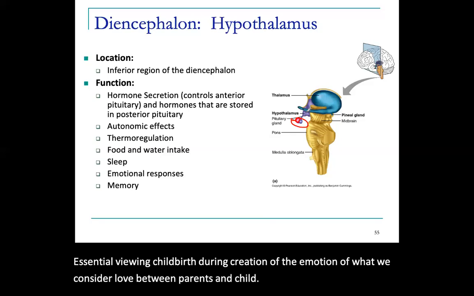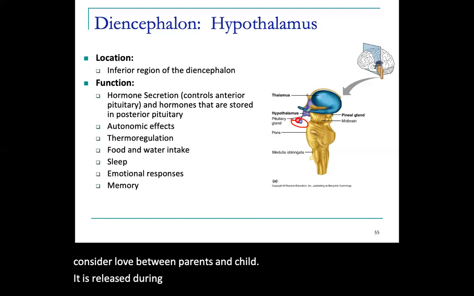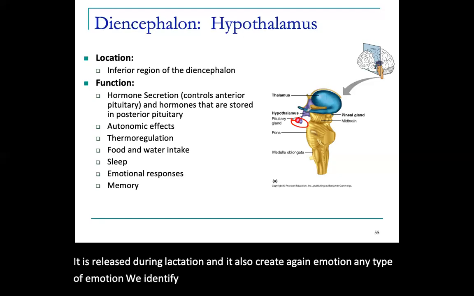It is released during lactation, and it also creates any type of emotion we identify as love. So in analytic circles, they call oxytocin the love hormone.